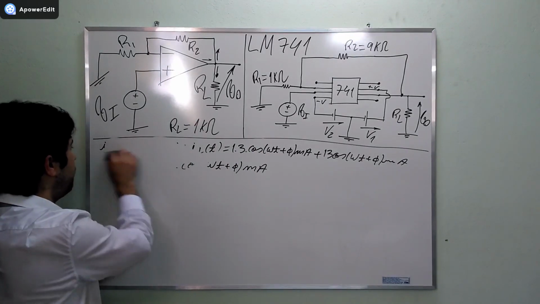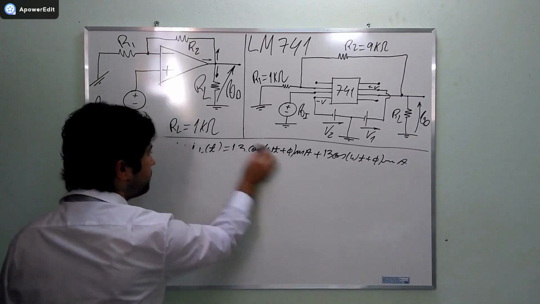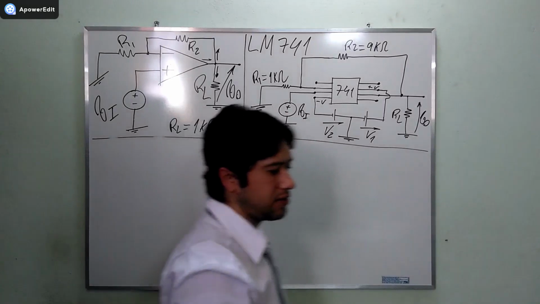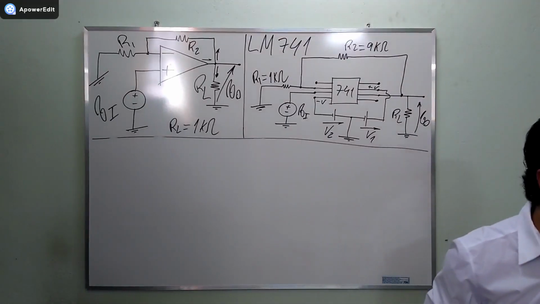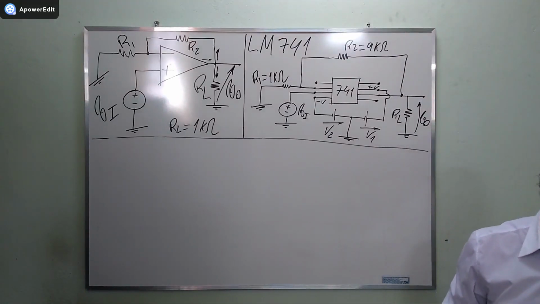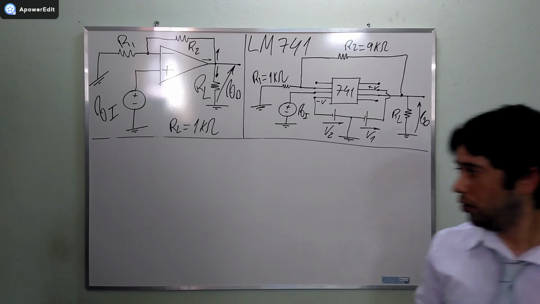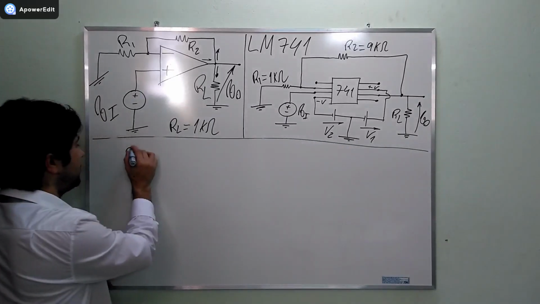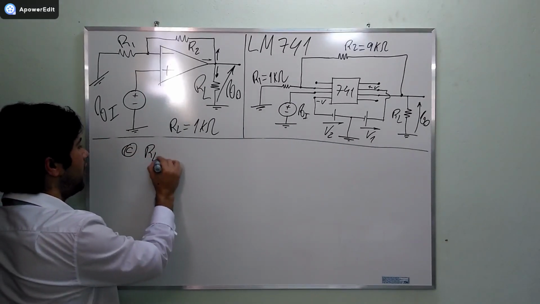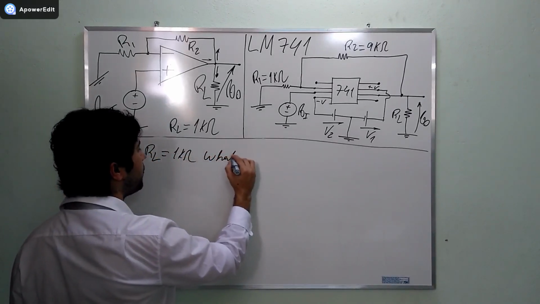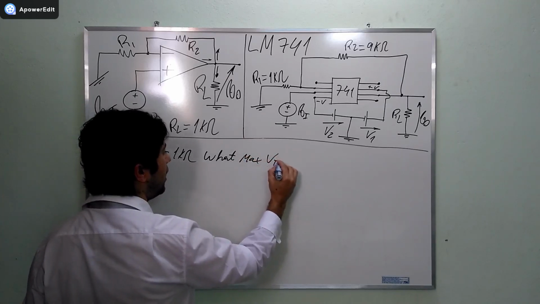Alright, let's move on to letter C. Okay? Letter C asks us what? The maximum value of Vp for undisturbed. We don't want to disturb the output. Okay, the exercise asks us, if RL is 1 kilo ohms, what is the maximum value of VIP?